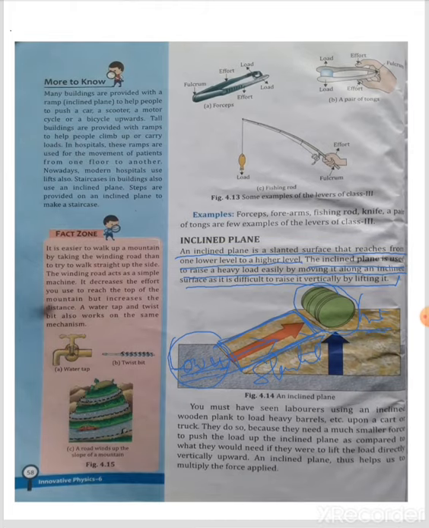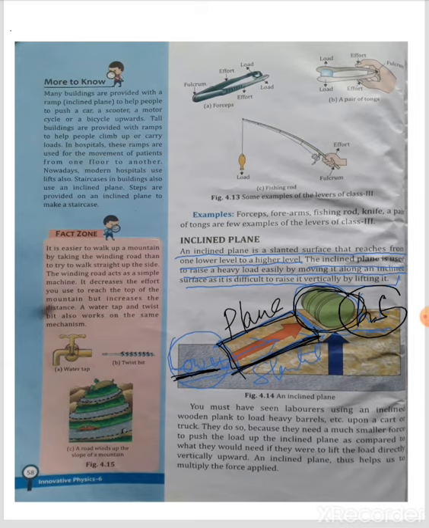You see that this is the plank, or this is the plane, which is helping to lift or move this drum, or a load from the lower surface to this higher surface. So this plane is called inclined plane.